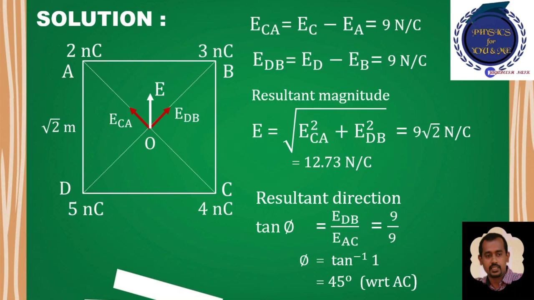It is making an angle of 45 degrees with diagonal AC. Similarly, it will also be making an angle of 45 degrees with the other diagonal also, because they are making an angle of 90 degrees with respect to each other.